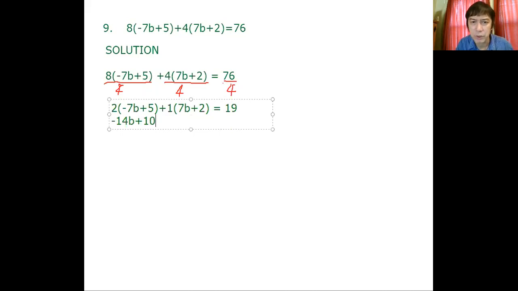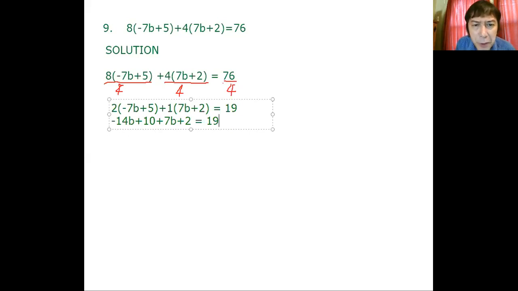And then we go to the next term. This is number 1, positive 1. Positive 1 and positive 7b multiplied gives us only 7b. And then we proceed to the next multiplication, 1 times 2. That should be a positive 2. And this equates to 19.